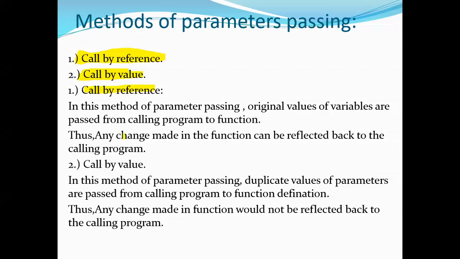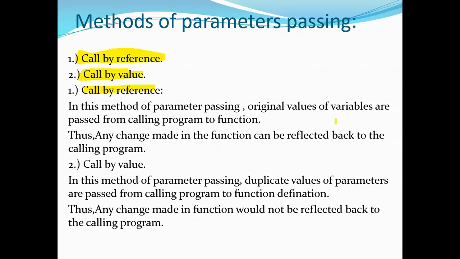Thus, any change made in the function is reflected back to the calling function. Whatever we update will be changed in that particular variable. That is called call by reference: the original values of the variable, passed through the address. Reference is nothing but referring to the address of that variable.